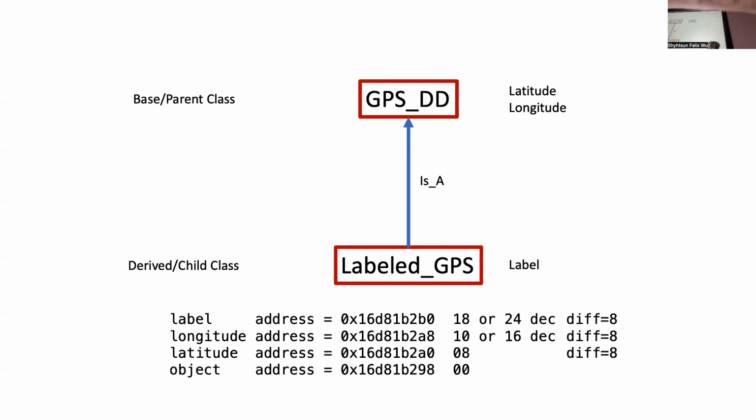So from this, I want you to figure out very quickly what's the gap or difference between each pair of addresses. Let's first look at the gap of the address between longitude and the label.